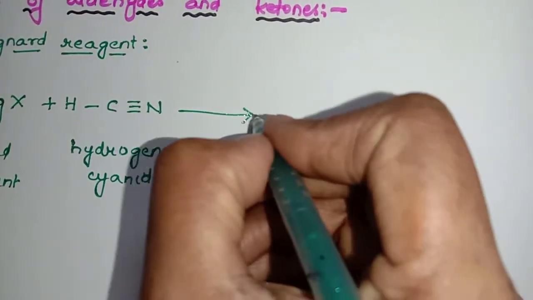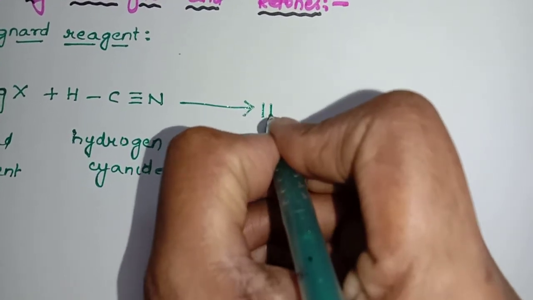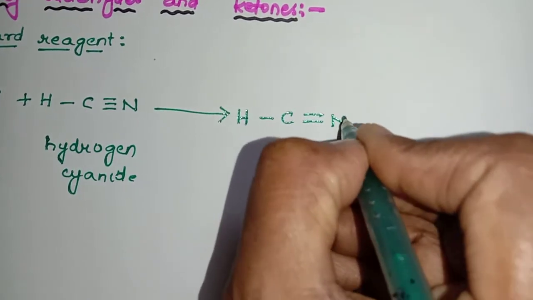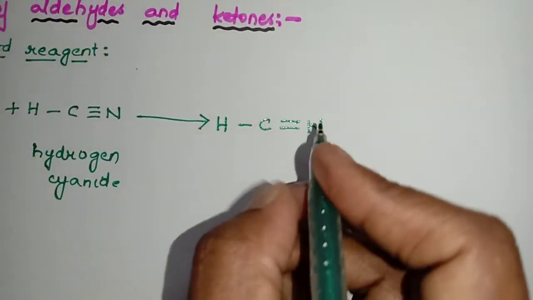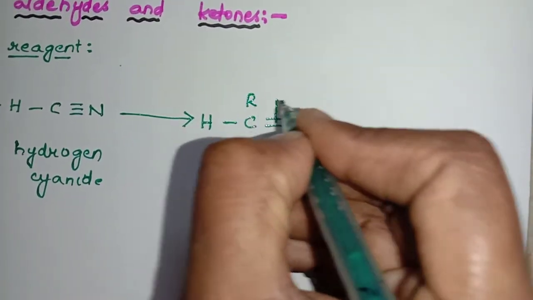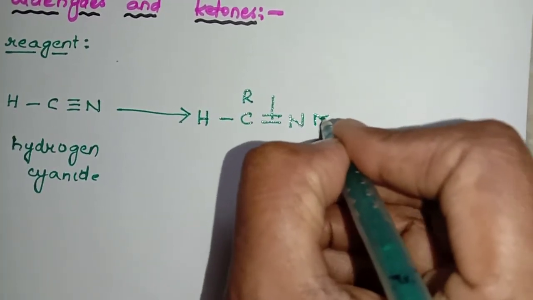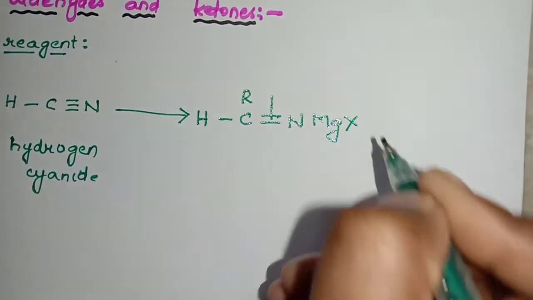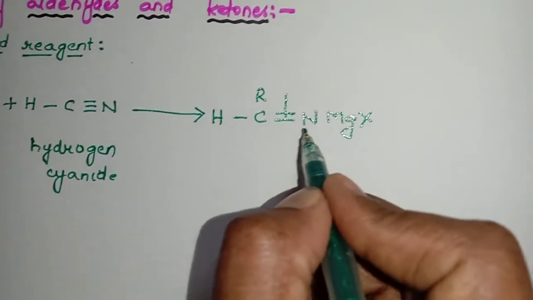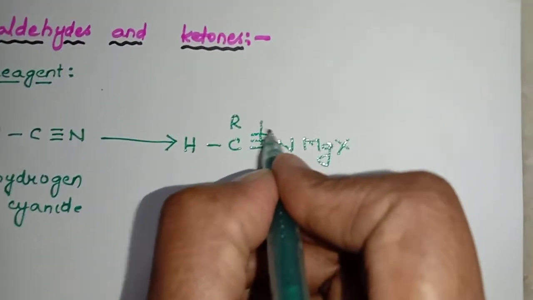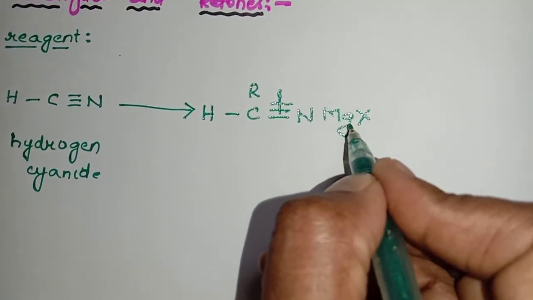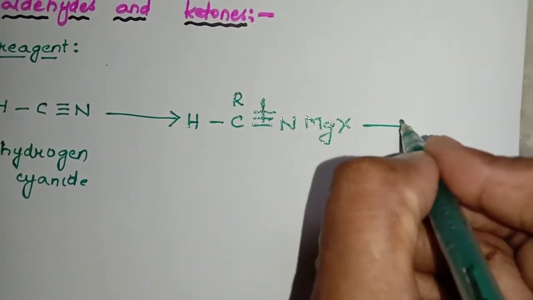Okay, so here I am showing you what exactly happens. One of the pi bonds breaks up and R comes this side and MgX adds up here. So one pi bond is breaking. R comes this side and MgX comes this side. So what remains?